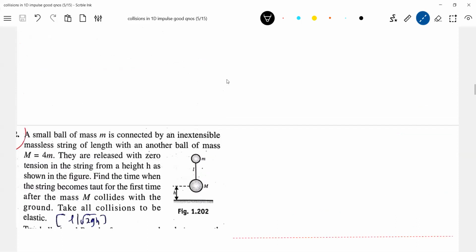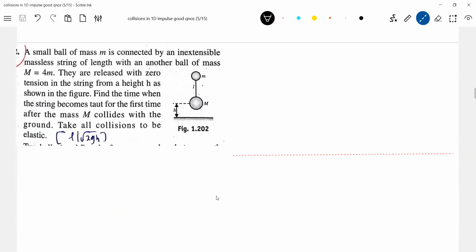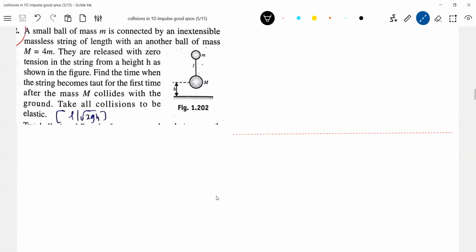Take this as the ground. So they are released from here, so call them M1 and M2, so it will be easy for me. M1 and this M2, they are connected by a string.